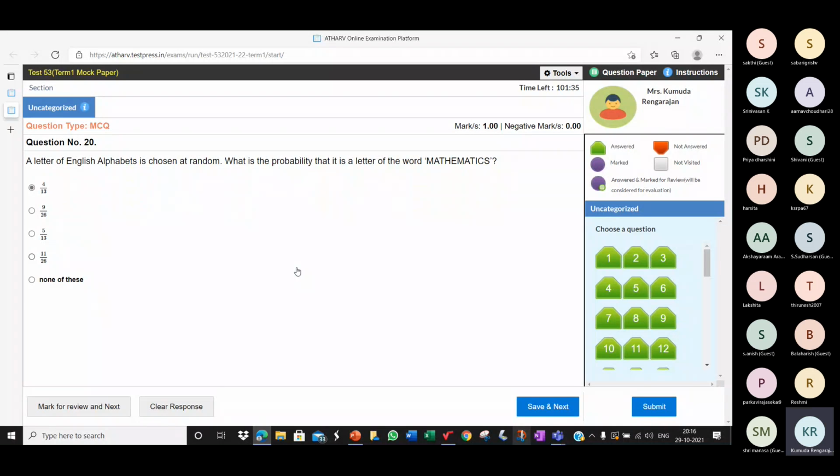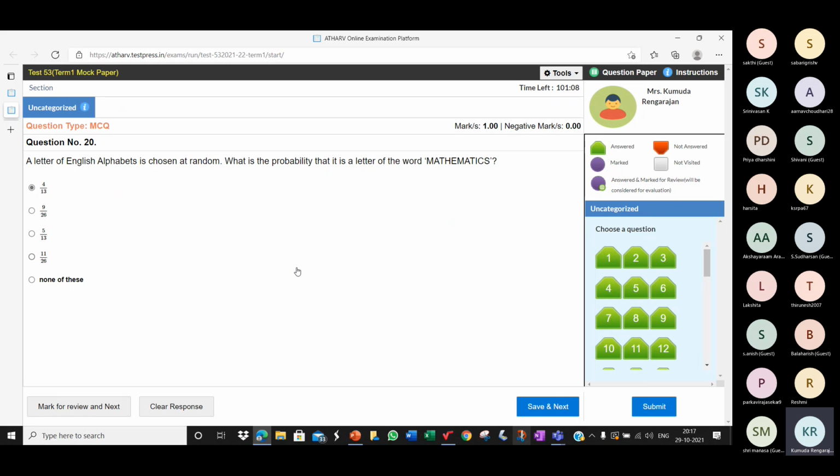A letter of the English alphabet is chosen at random. So you just imagine you're choosing one letter out of the 26 letters. You have these letters A, B, C, D, E, F till Z in front of you. You're going to pick one letter from that.